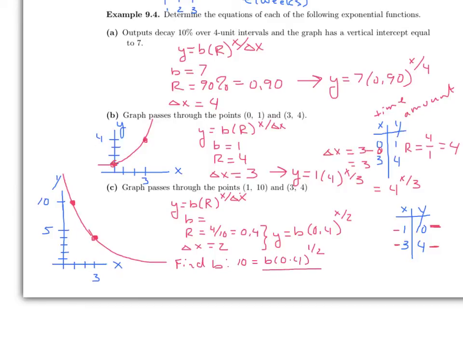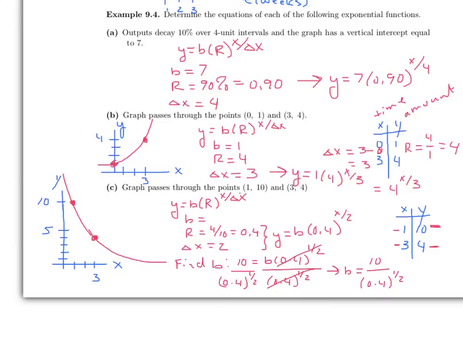I can divide both sides by 0.4 to the 1/2. Both sides by that same quantity. On this side it cancels, and we get b by itself. b ends up equaling 10 divided by 0.4 to the 1/2.